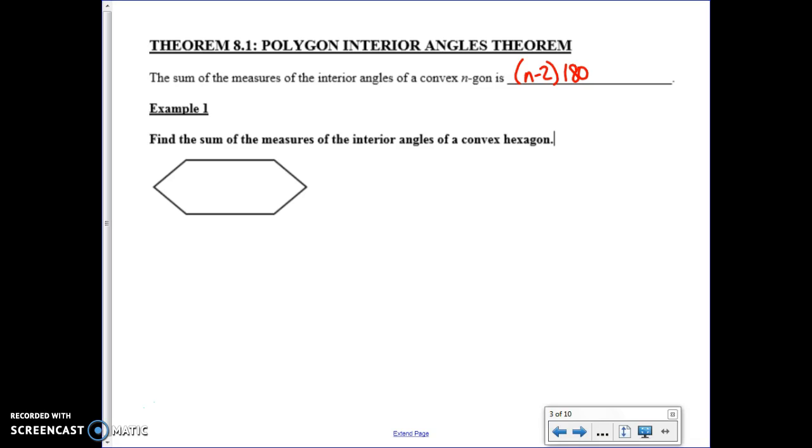Okay, I know we just did that on our investigation, but let's see if we can get there based on our rule. So a hexagon has 6 sides, so I'm going to do 6 minus 2 times 180. So 6 minus 2 gives me 4 times 180, and 4 times 180 is 720 degrees.